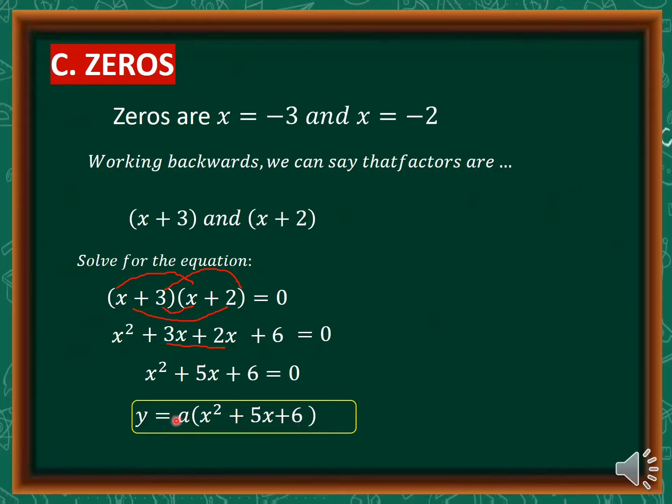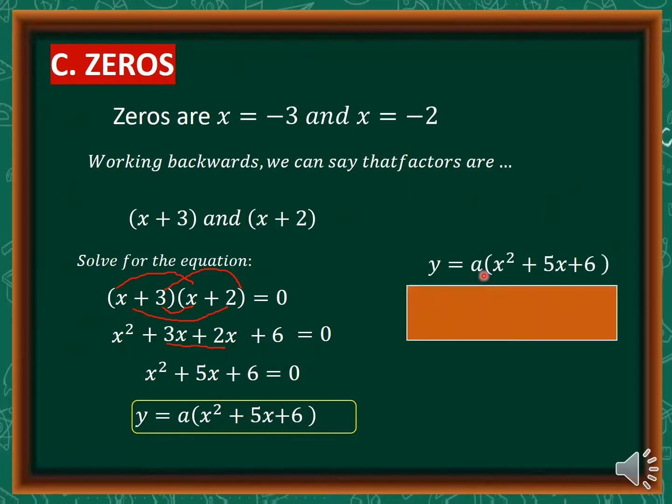Again, nilagyan ko na dito ng a, para alam nyo na we can have many possible values for our quadratic function. It depends upon the a. Now, if our given a is equal to 1, so therefore, multiply natin ng 1, so that is 1 times x squared, 1 times positive 5x, and 1 times positive 6, and that is positive 6.